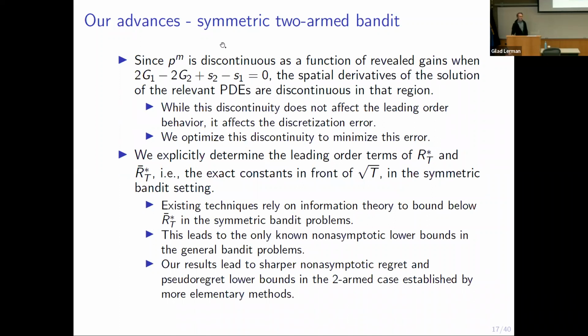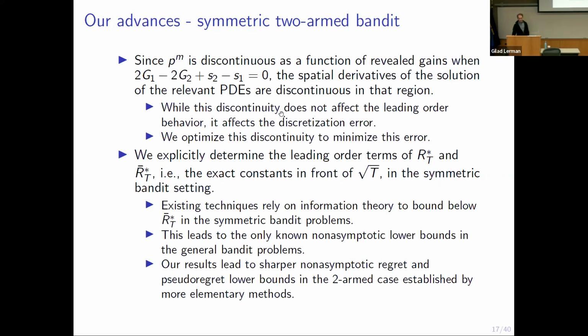There are also some more technical contributions. This policy is discontinuous as a function of revealed gains and the number of times the arms are sampled. It has a discontinuity when this quantity is 0, so the spatial derivatives of the solution of the relevant PDE are also discontinuous in this region.